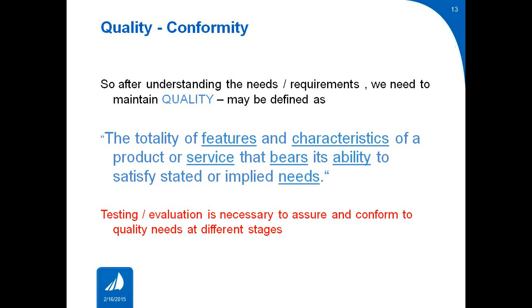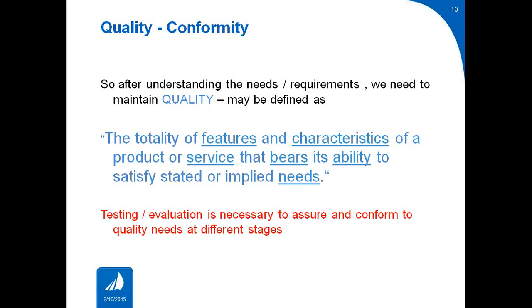I've just put one such definition. Quality is basically conformance to the need. So we have identified the needs. Now we have to do something so that these needs are catered to. So we have to start with the design part of it.